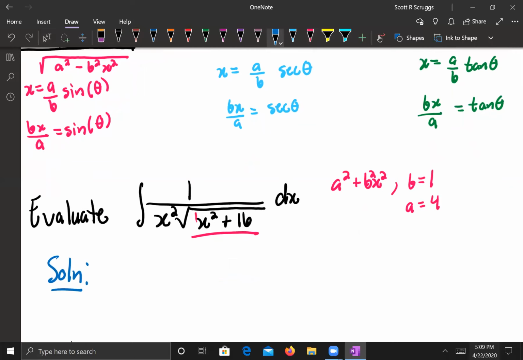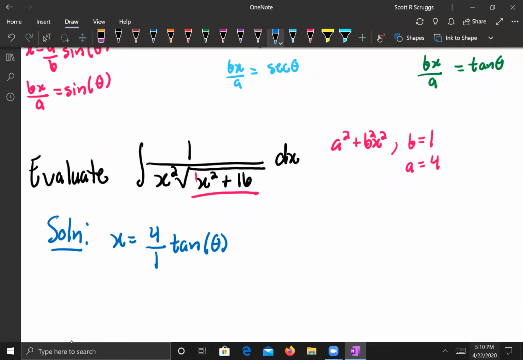So because I have an integral that contains a squared plus b squared times x squared, that means my trig sub is going to be tangent. So x equals a over b, or 4 over 1, times tangent of theta.